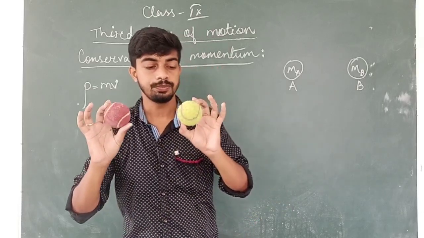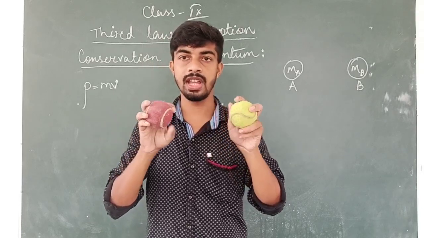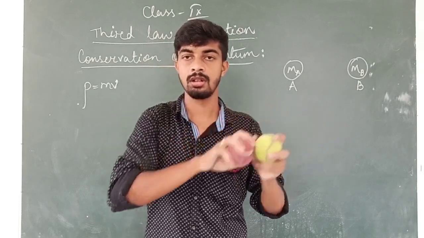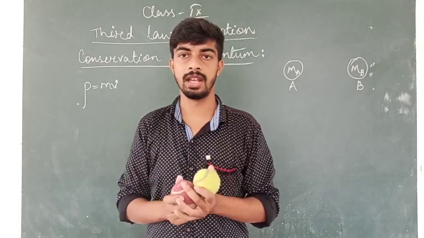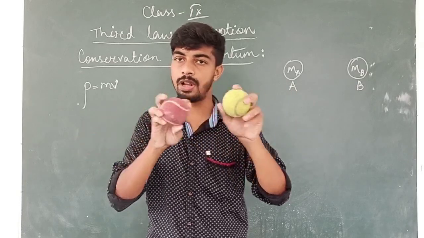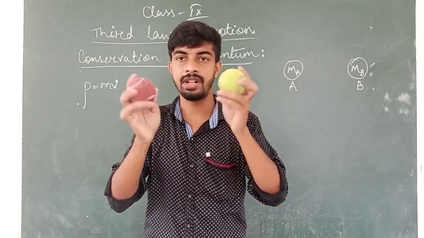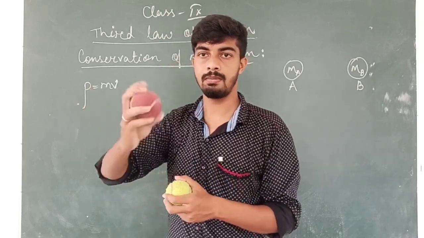Accordingly, both are moving in the same direction with some initial velocity, that means velocity at the beginning. Both are having different mass, so both will have a different momentum, as P equal to mv and the mass is changing.